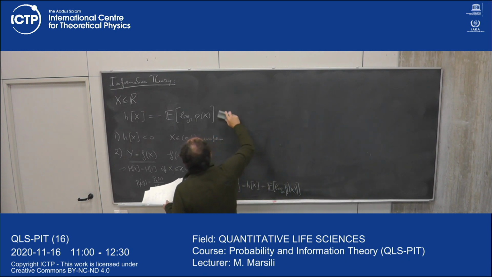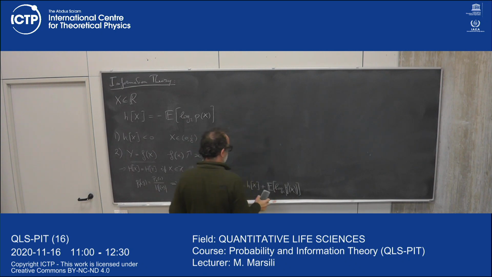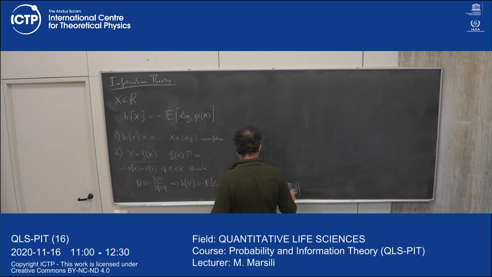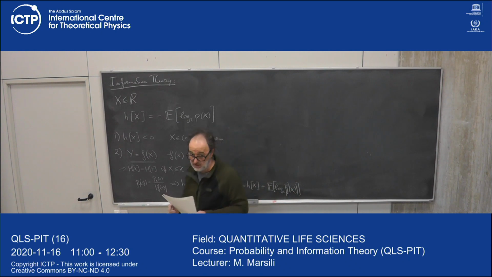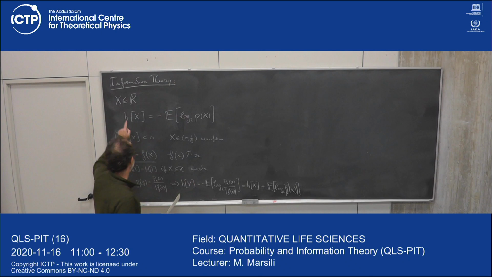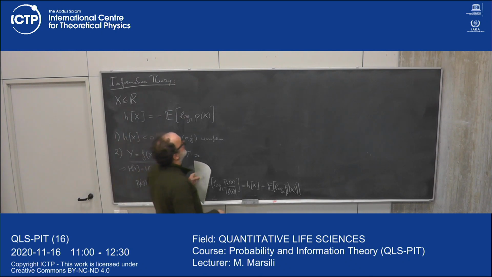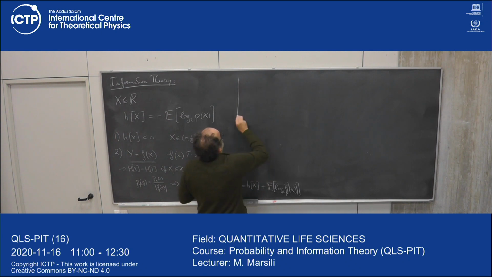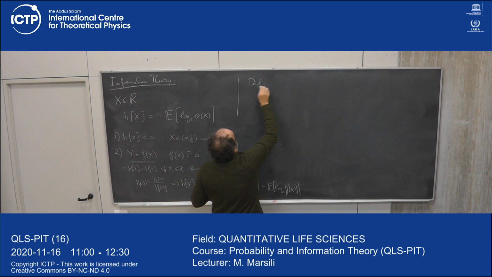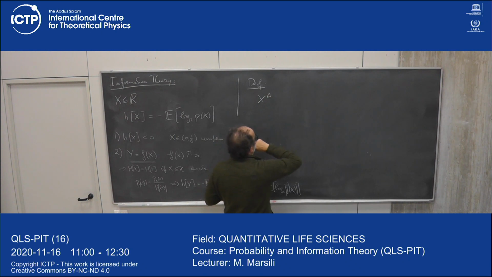So then it's much more reasonable to ask the question, imagine that Alice wants to know the value of x to a certain precision delta. Okay? Then we define a quantized variable x of delta in the following way.